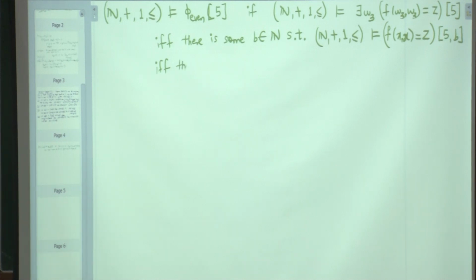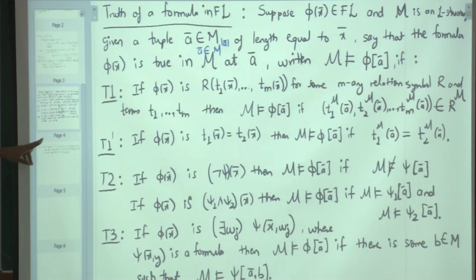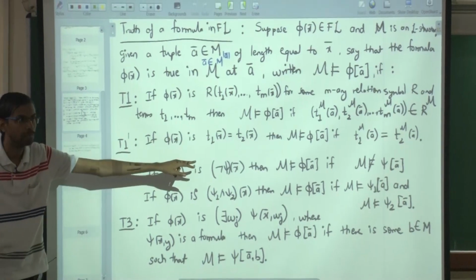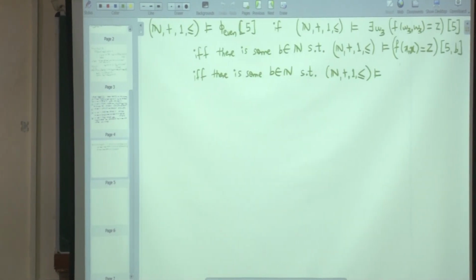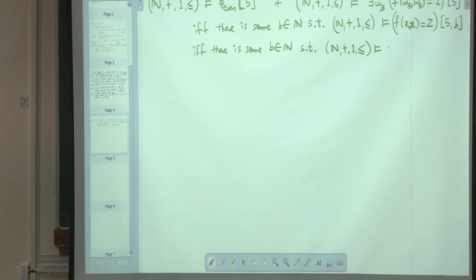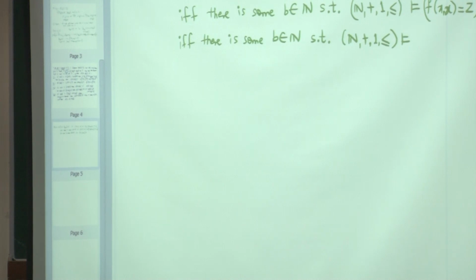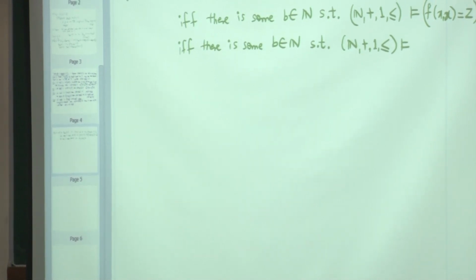If and only if, I will continue writing, there is some b in the universe such that n plus 1 less equal satisfies, now how do we interpret this? Something equal to something, let me show you. T1 dash was if their interpretations are same. So the interpretation of f is plus, and x is interpreted as, this is the location for z, this is the location for x.